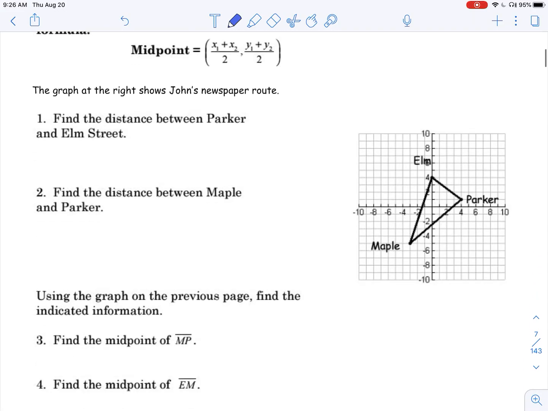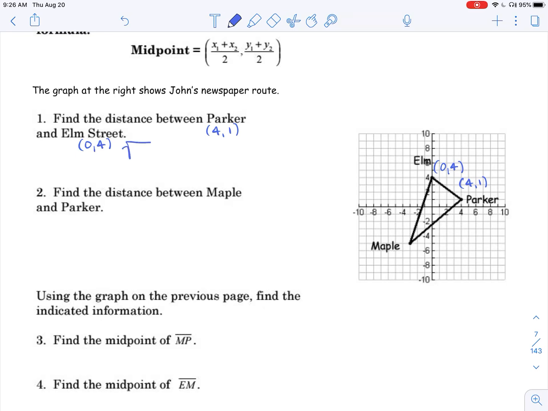So here on number 1, if I want to find the distance between Parker and Elm, I'm going to write in our coordinates first. So Parker is at 4, 1, and Elm is at 0, 4. And we want to find the distance between the two.